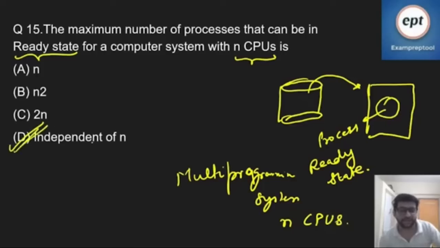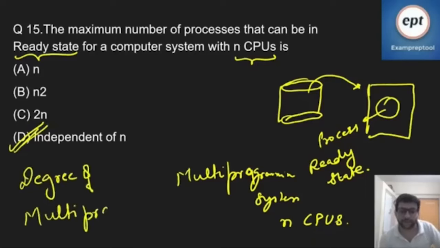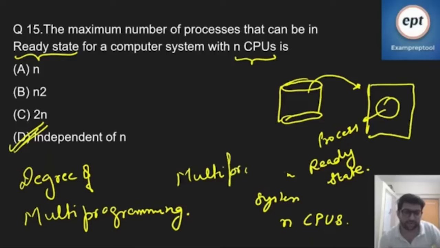Because this number is known as the degree of multi-programming, right?